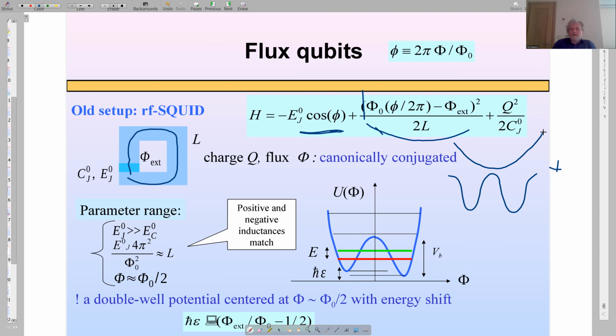And let us tune the coefficient, the curvature of the parabola, in such a way that it compensates the negative curvature here at this point. Okay, this is a function of flux. This is flux pi. Right. What kind of potential will we encounter there?